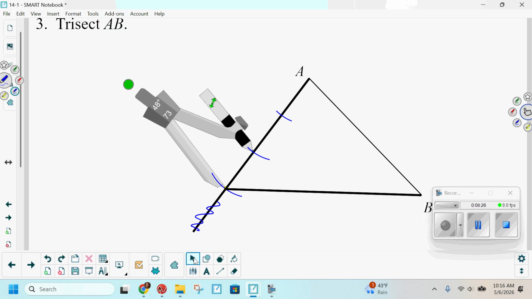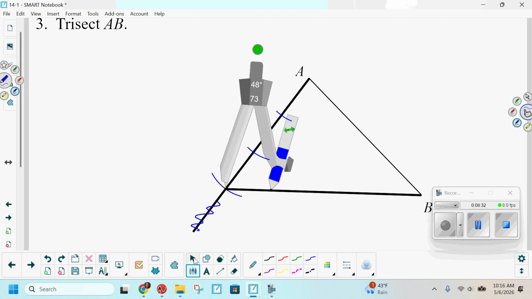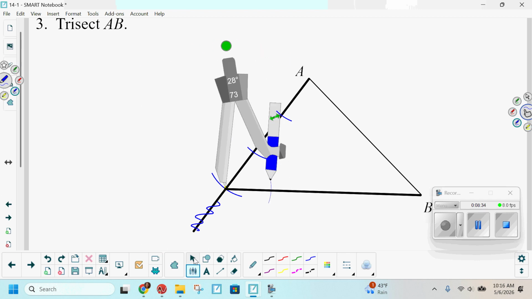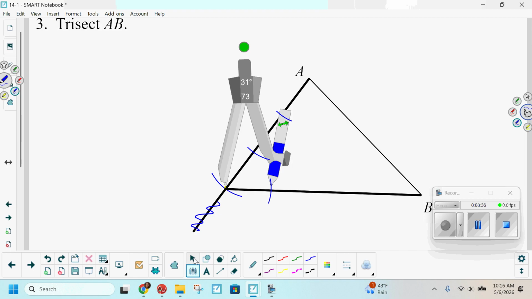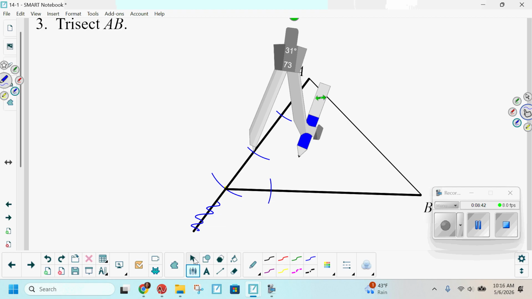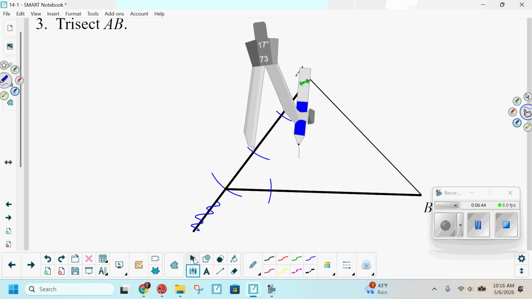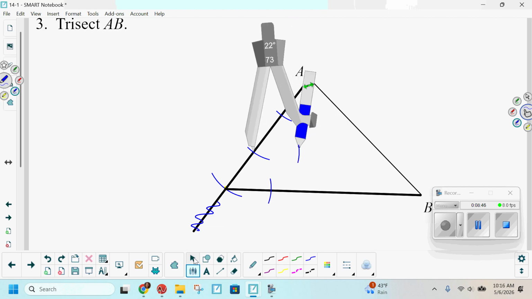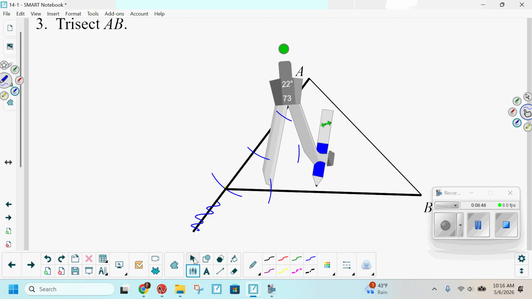I shouldn't have moved mine. So I have this size right now. Okay, take that and mark the bottom of the rhombus. So you already have the side and now you have the bottom. And now you're going to mark the top and then do it again from the bottom.